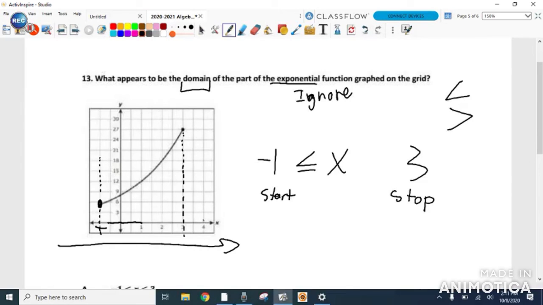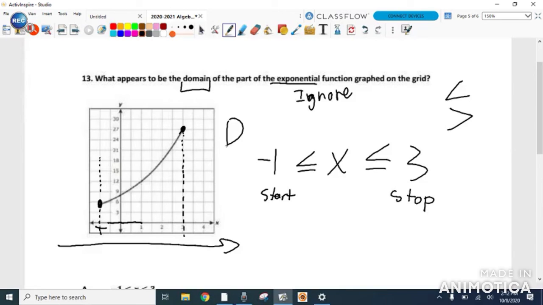So that means 3 is going to be greater than x. Now, I have a closed symbol, which means I have a line underneath it. Okay, so my domain is -1 less than or equal to x, and x is less than or equal to 3.